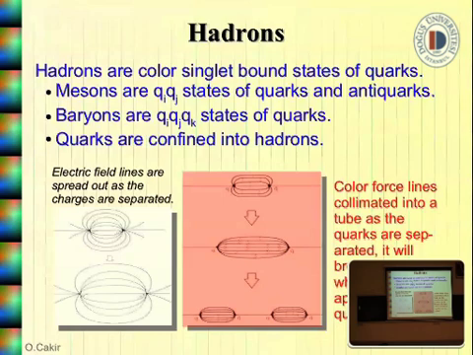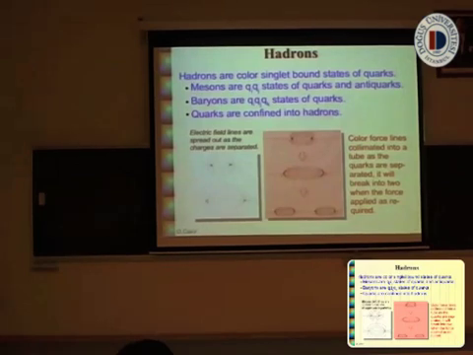So quarks will form hadrons, and in hadrons there will be confinement because quarks are confined into the hadrons. They are not going out.